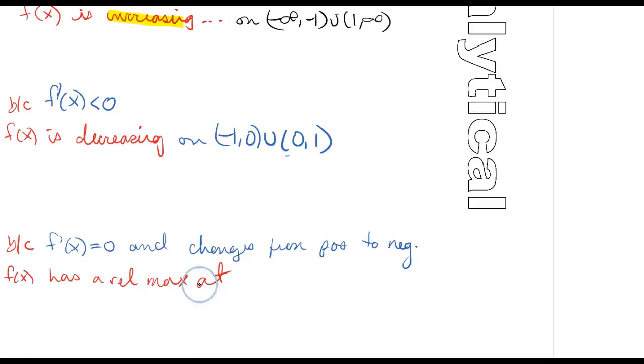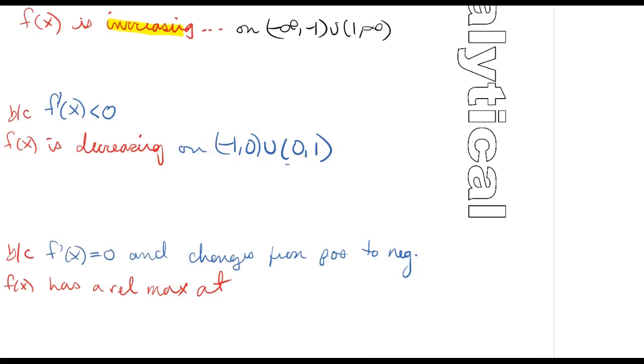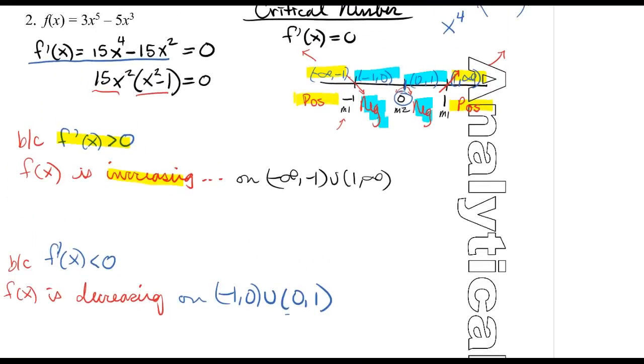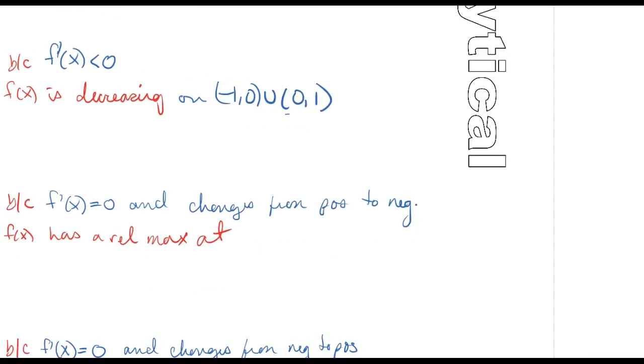My function has a relative maximum where the derivative equals 0 and changes from positive to negative. Looking back at my sign chart, the only place that I change from positive to negative is across negative 1. So my x-coordinate will be x equals negative 1.